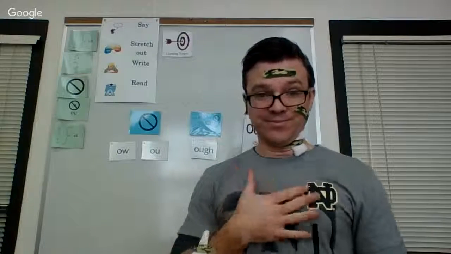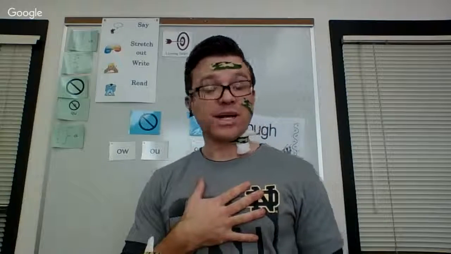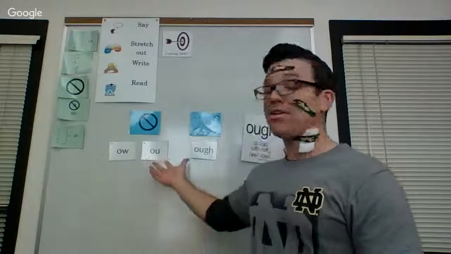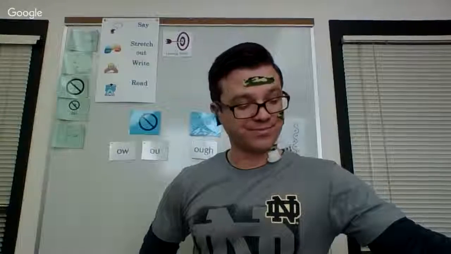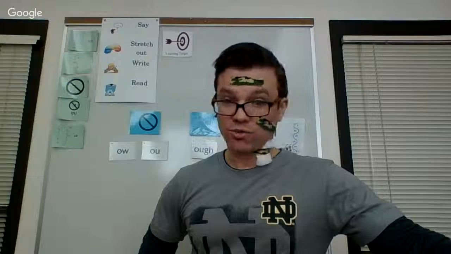So you ready? You have to remember, I am so much older than you, and I need everything I can to remember some of these sounds. So this is how I remember OU. You ready? Ow, oh, ooh, that's the sound OU makes in an English word.